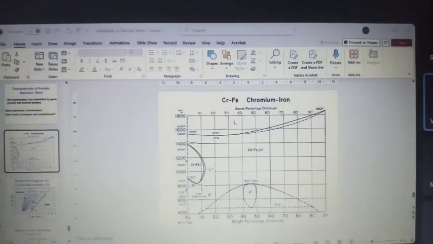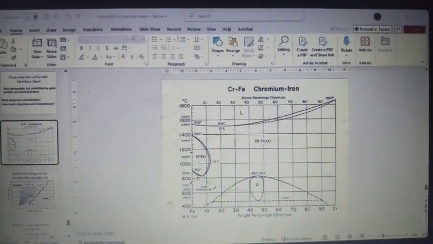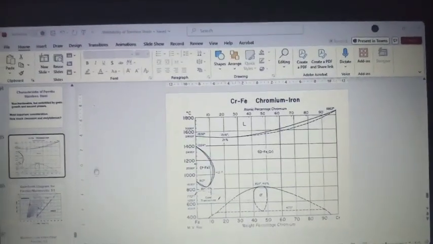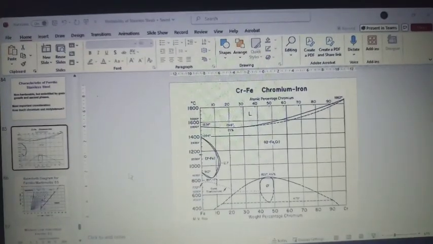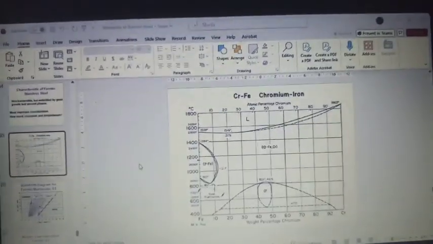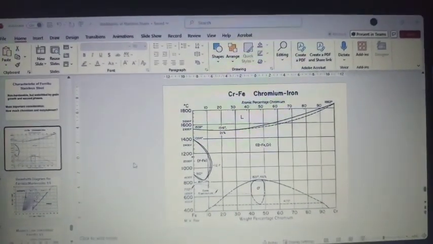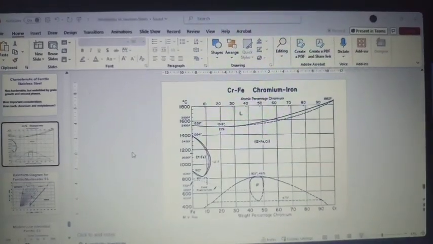I want to show this slide. Now we can see the iron chromium diagram. If you see the diagram, the region at roughly 11 to 13% is transforming to gamma plus alpha.